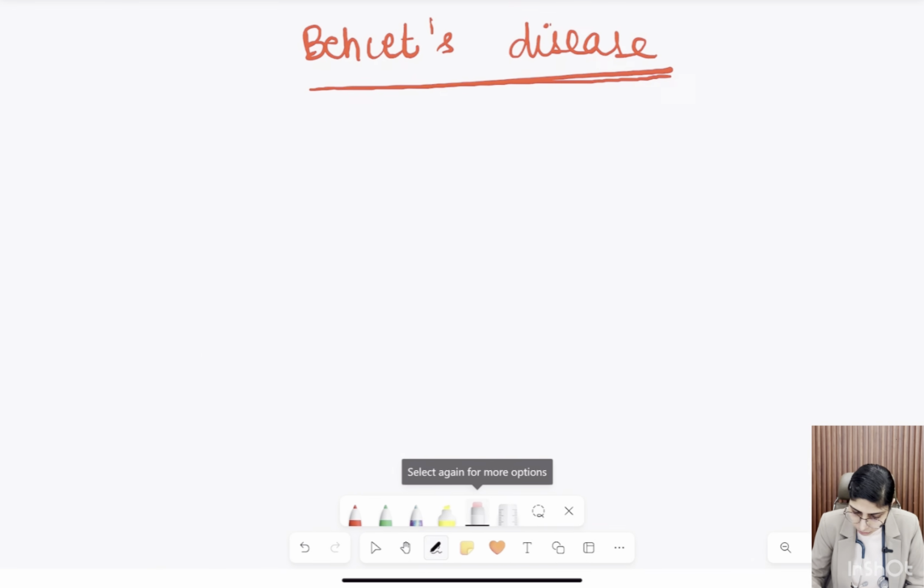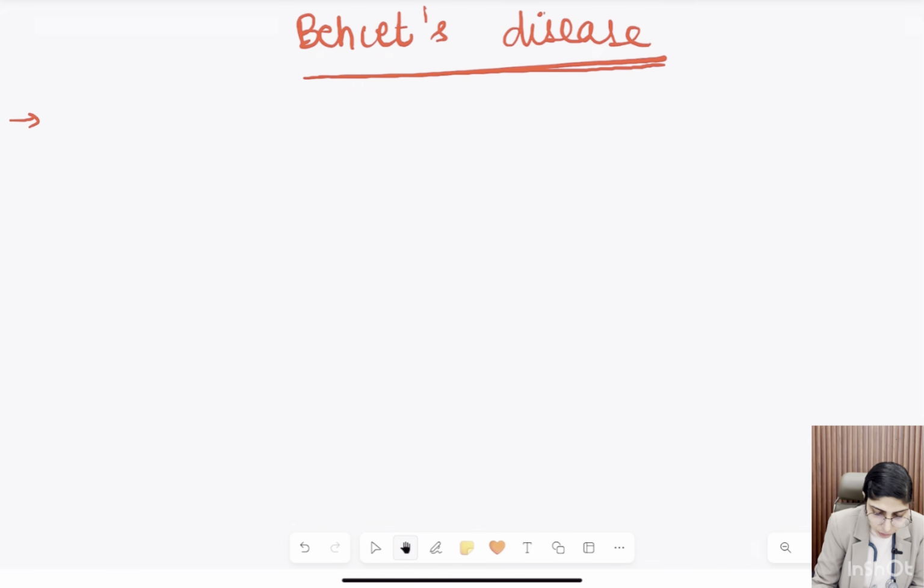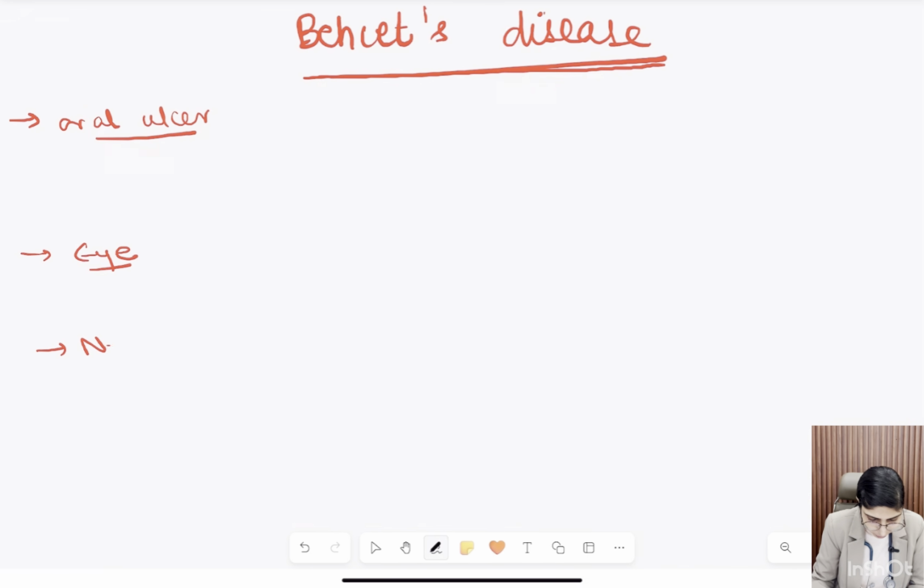So Behcet. Now, the next important thing to know about this is what exactly are these lesions that we are talking about, and are there any characteristic features for these lesions? So, if we go from head to toe, one is oral ulcer, we have eye, NEUROBEHCET.